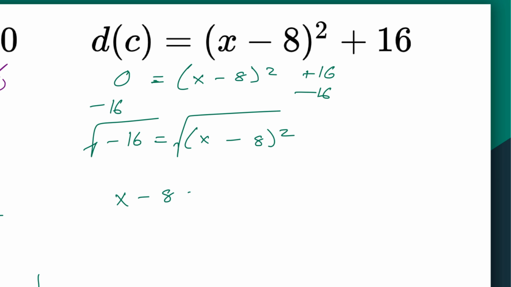We end up with x minus 8 is equal to plus or minus 4i. The square root of 16 is 4. The square root of -16 is 4i. So we're going to add 8 to both sides, and then we get our answer. x is equal to plus or minus 4i plus 8.